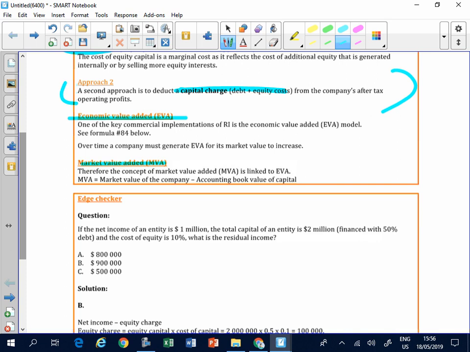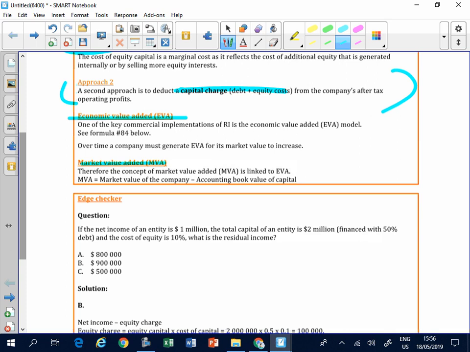Because if you think about it, if the guy's got the price to book, and this is something I just want to touch on as well. If your book value, once again, clean, simplest approach is relative. If your price to book is 1, what that means is that your residual income into the future, I'm talking about theoretically, is 0.